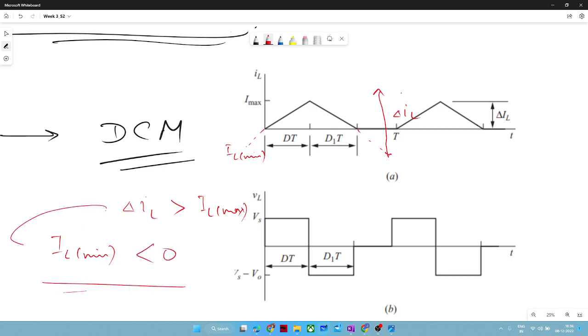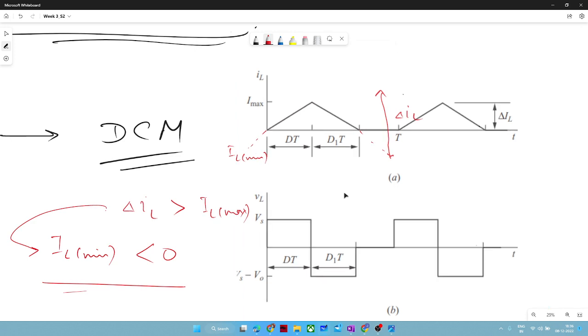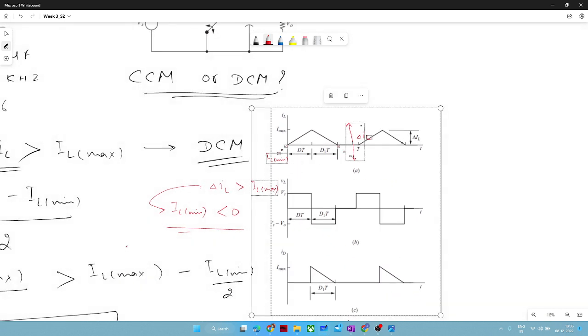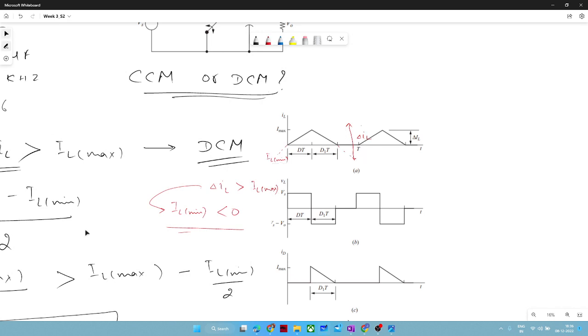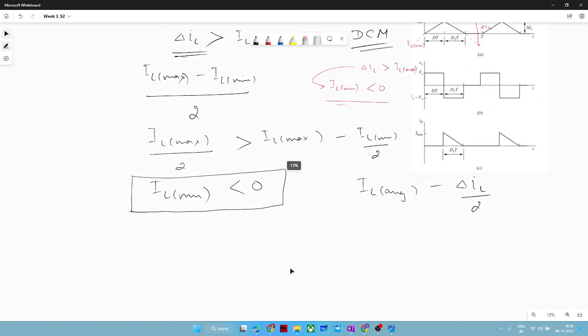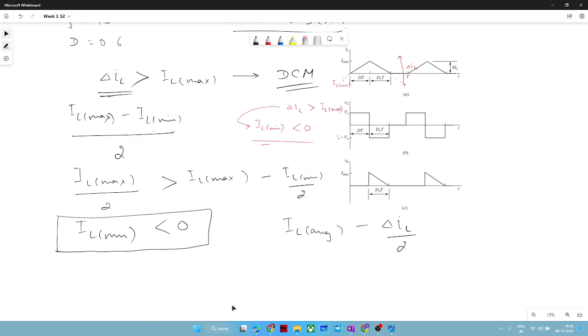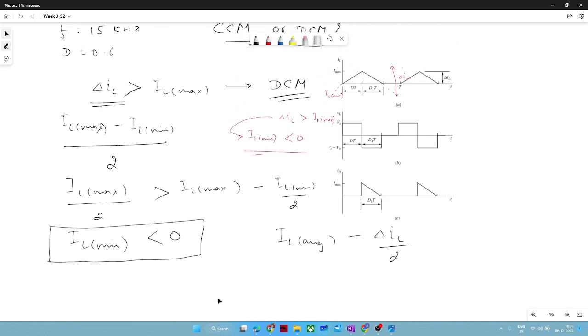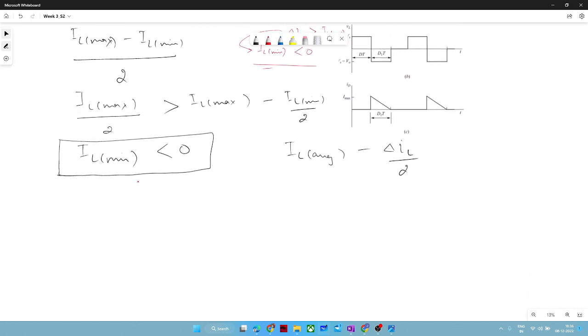Both statements are correlated. So that's what we will do here. Since we did not have any other way to find out, because we were not given the value of V naught or D1, we had to go through the very basic way, and that we will do it here.